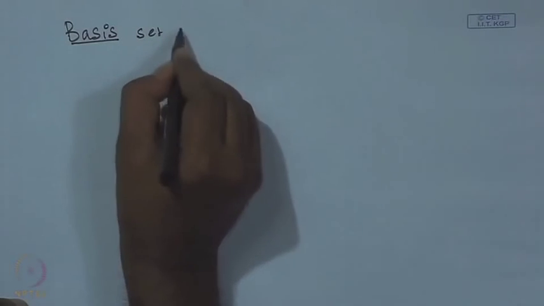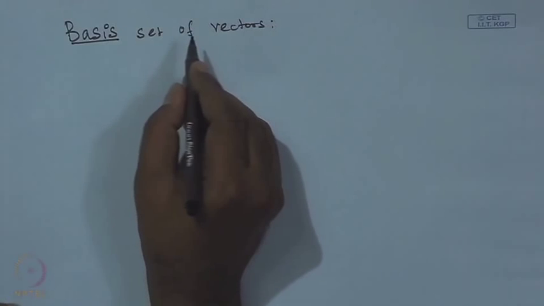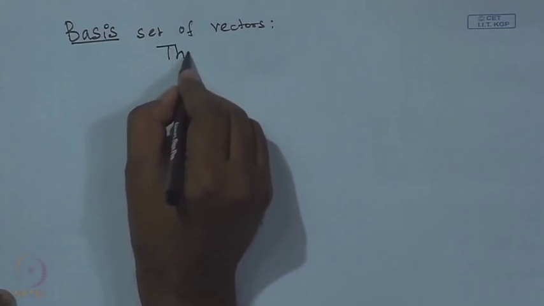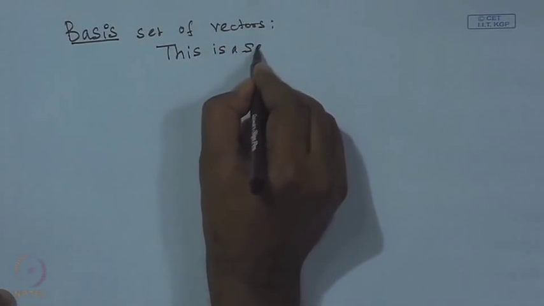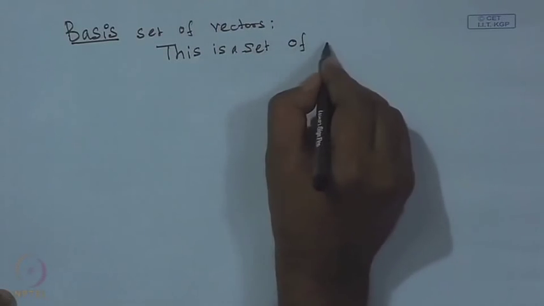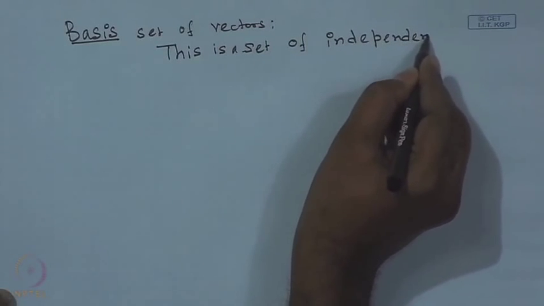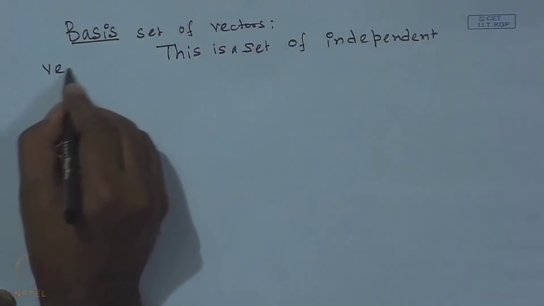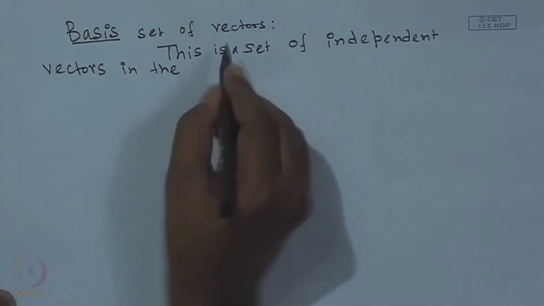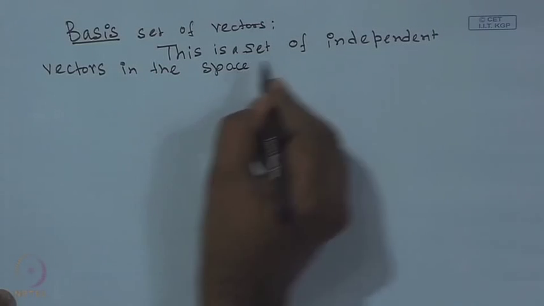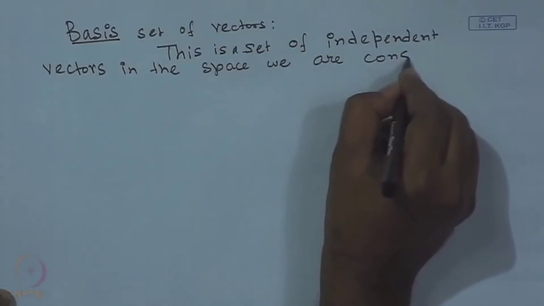The basis set of vectors is a set of independent vectors in the space we are considering.